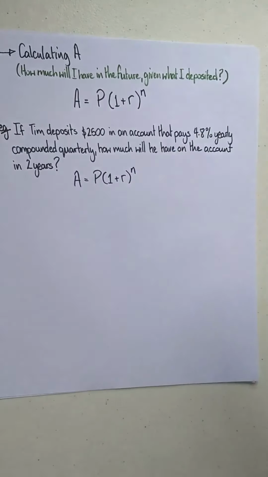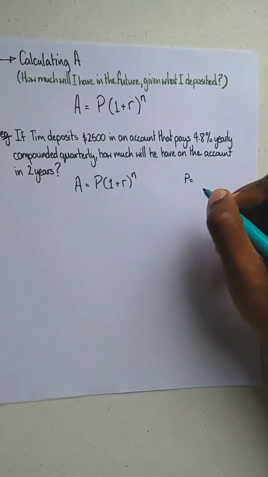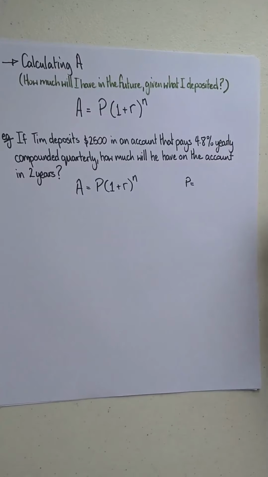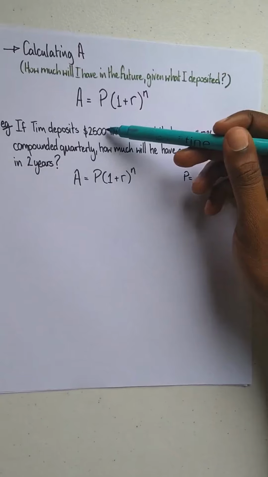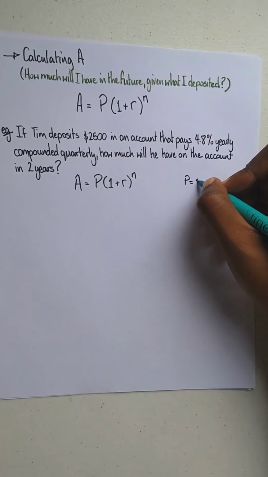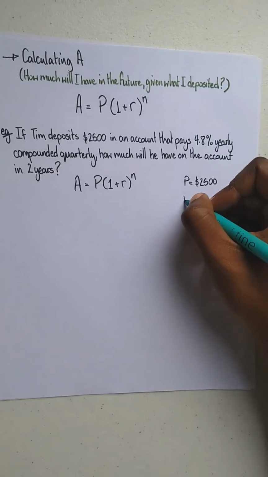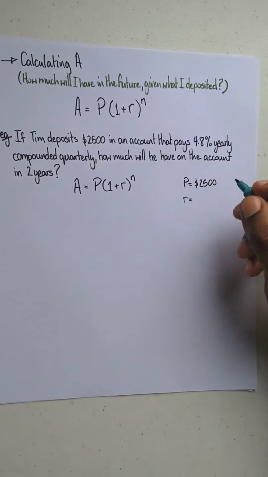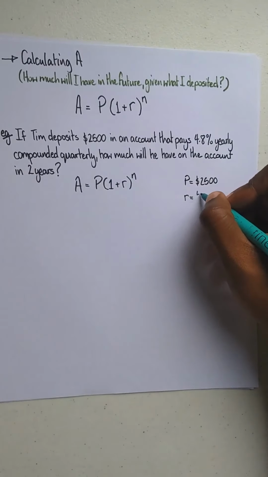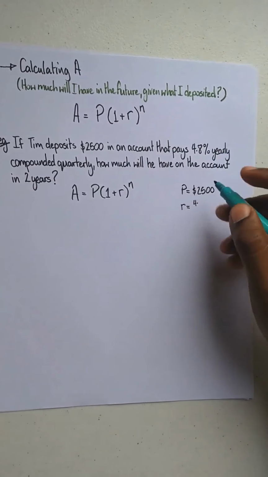Now it helps to establish what each of our values are in a particular scenario. So P in this situation is equal to the amount of money he deposits, $2,500. 1 is 1. R is the interest rate per period, and the periods are quarters since the interest is compounded quarterly.